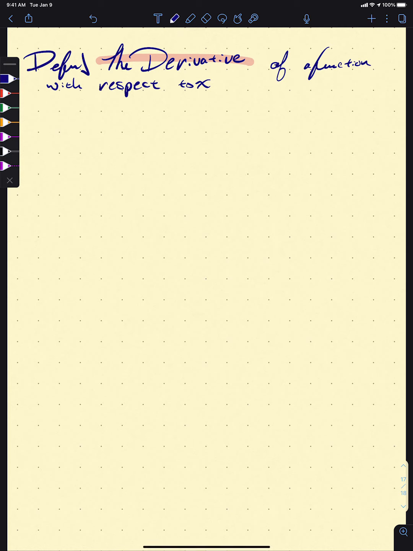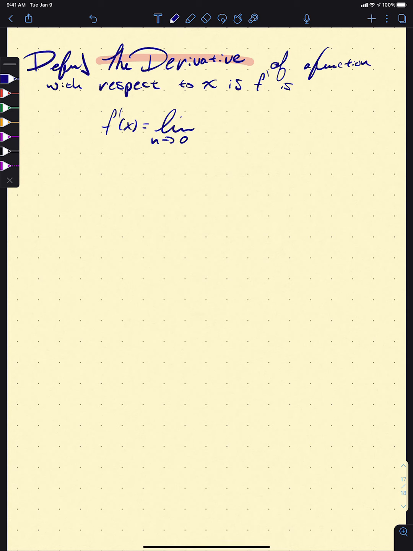So the derivative of a function f with respect to x, that's treating x as our variable that is changing, is f, and then we put this little apostrophe. This is read f prime, okay? And it is f prime of x. It's just what we said.